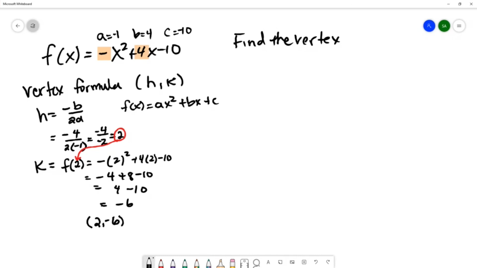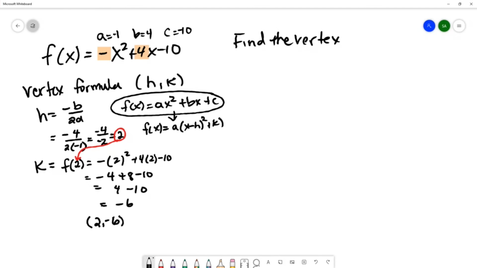Another way to find the vertex is to start with your general form and turn it into the other format for quadratic functions, which we call the vertex form. We're going to try to write this equation in this format, a times (x minus h) squared plus k.